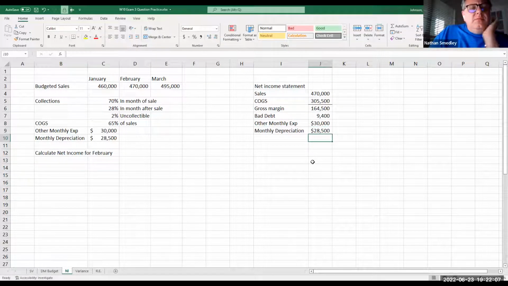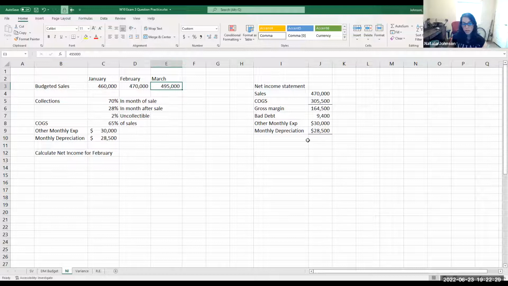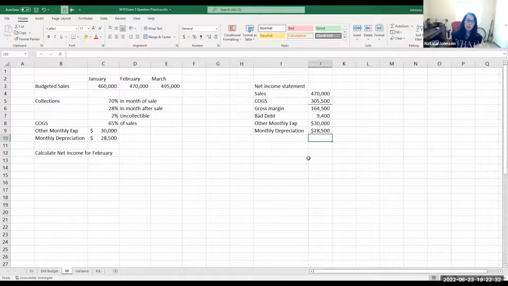So why would we not? I mean, we're only collecting 70% of the 470 in sales in February, aren't we, according to the collections? Yeah, so in February, they're only going to get the 70% of February and the 28% will be in March. But it's not in the net income because the net income statement has the revenue accrued.